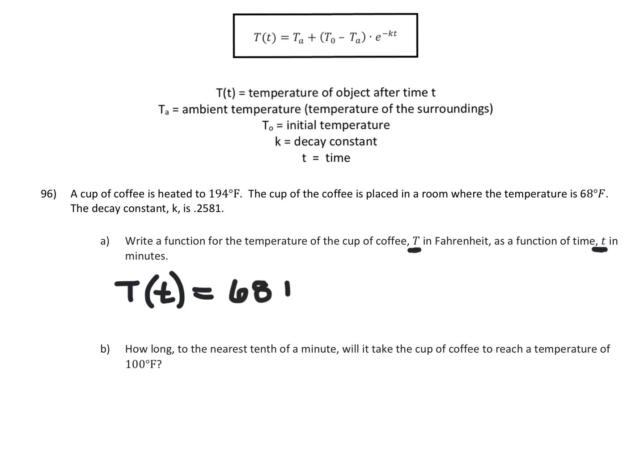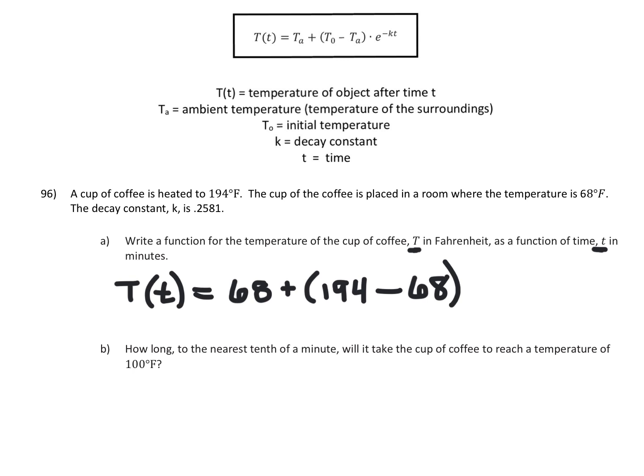And then we're going to have plus, and then in parentheses, T sub 0 is the initial temperature. So the temperature of the coffee, when it was first heated, it started off at 194 degrees. So that's going to go in the initial spot. And then I'm going to write minus, and remember, T sub A is equal to 68. That's the temperature of the surroundings, the temperature of the room where we're putting it.